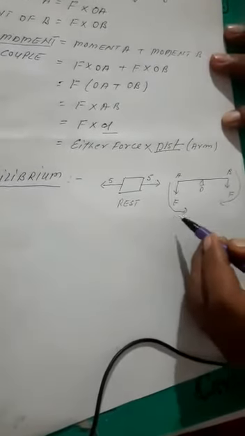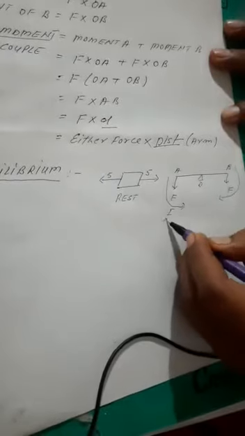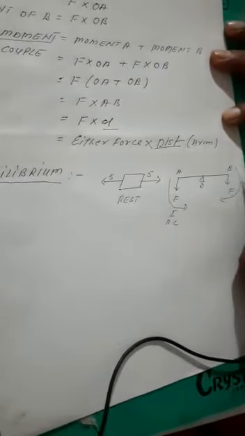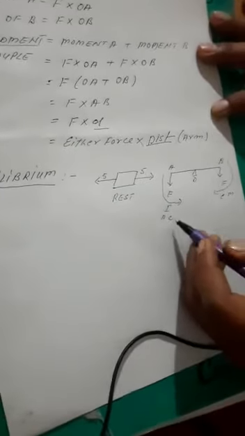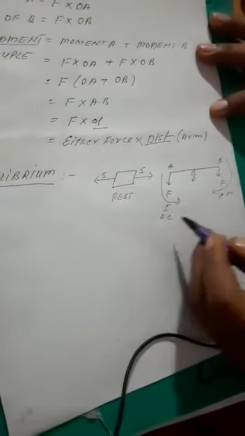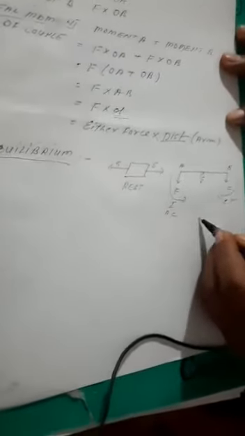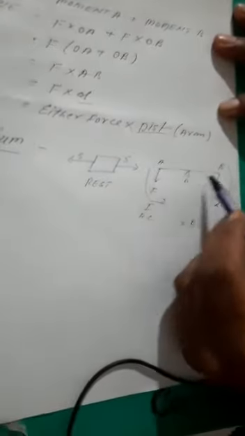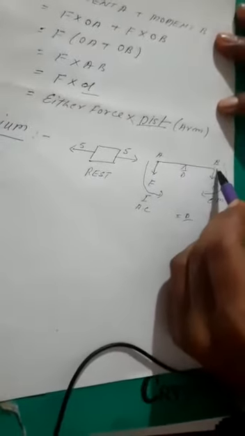So you will have two moments, one in the anti-clockwise direction and one in the clockwise direction. These are equal and opposite, so the net or algebraic moment is 0. This bar will not rotate.